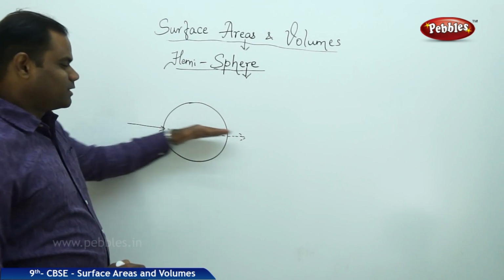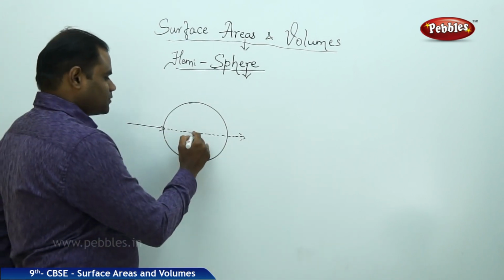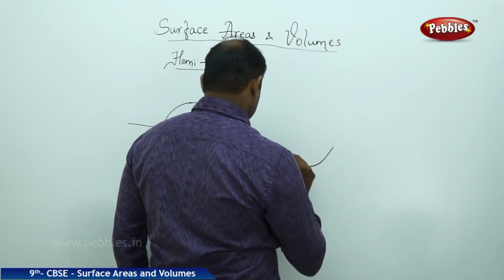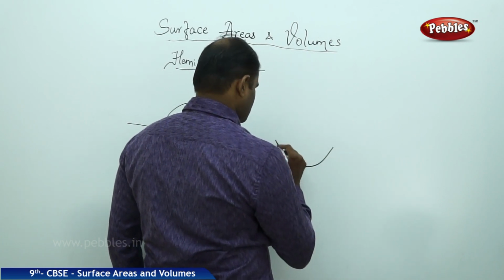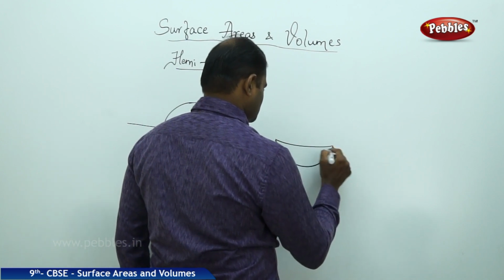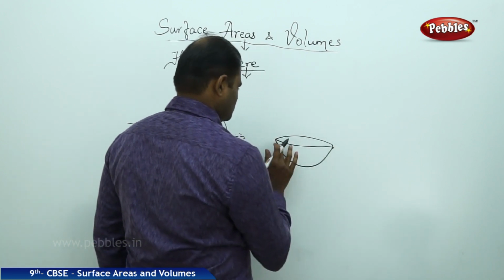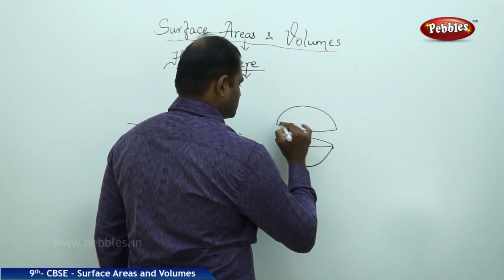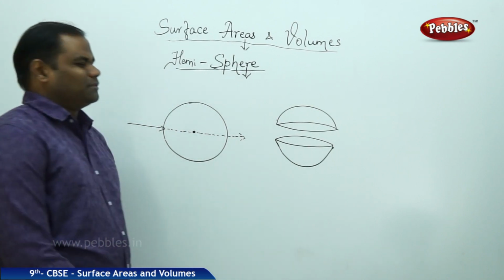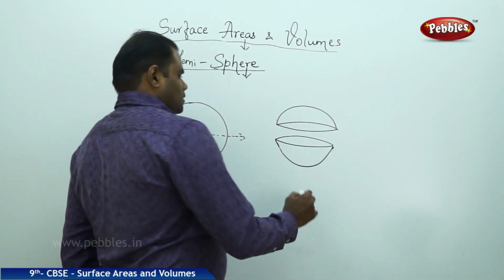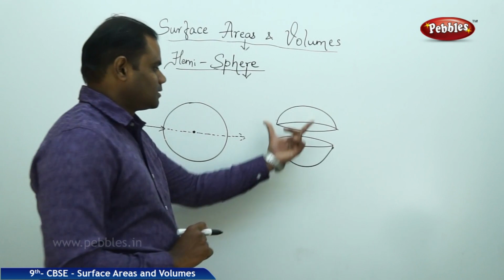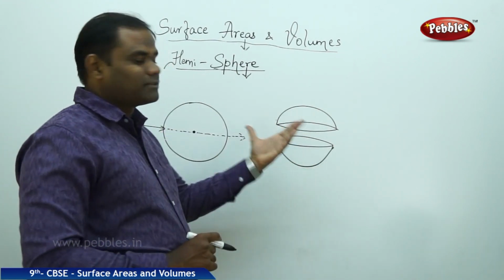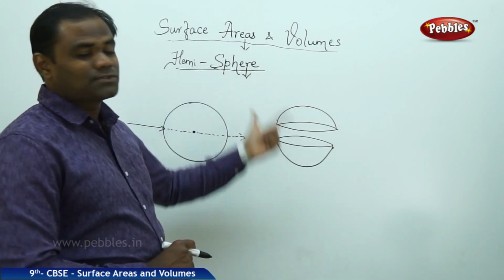When I cut the sphere exactly at the center, I get two separate regions, separated like this. So we have two different shells which are obtained when I cut the sphere exactly in the center. Each of the shells is called a hemisphere.